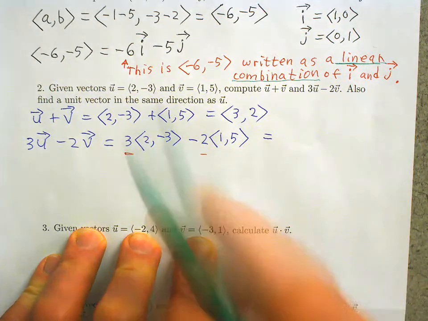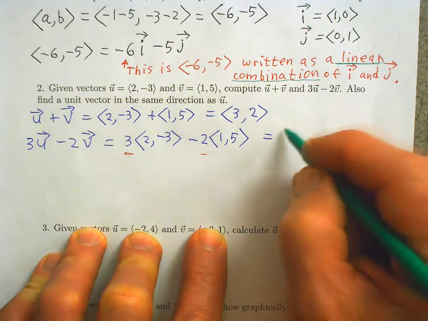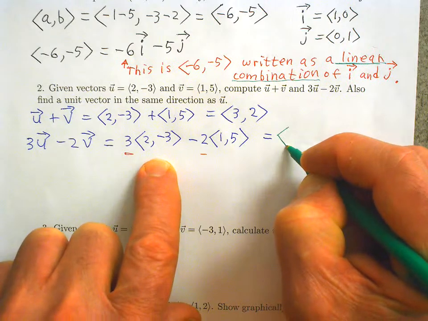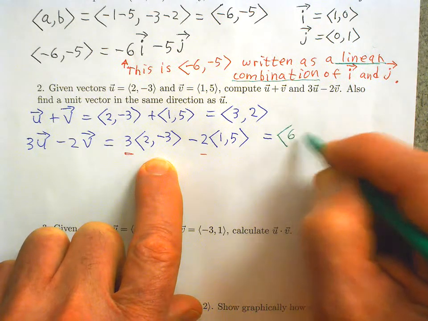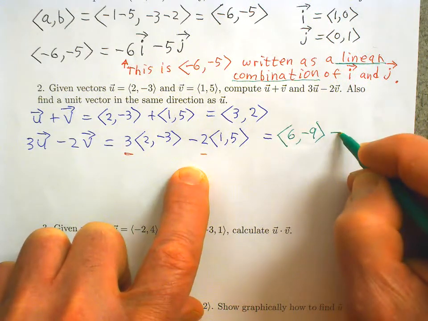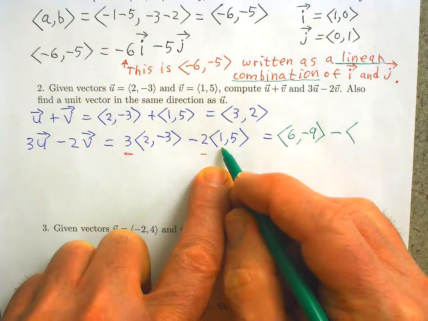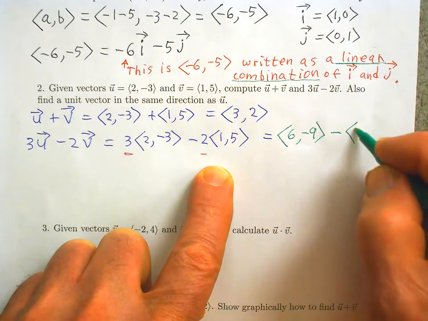We multiply the scalar 3 times each of the components. So 3 times the component vector 2, -3 is the component vector 6, -9. And then we're subtracting 2 times the component vector 1, 5, and that's the component vector 2, 10.